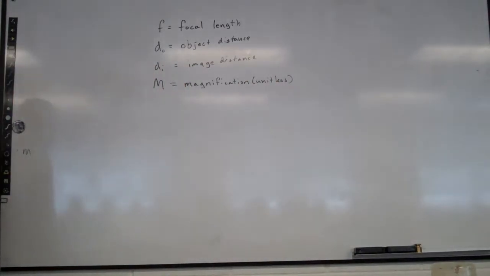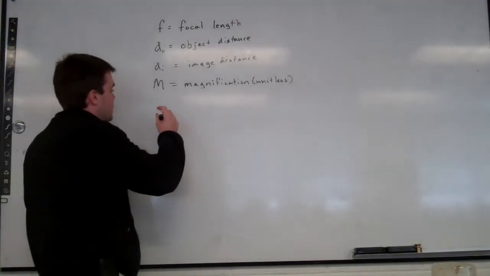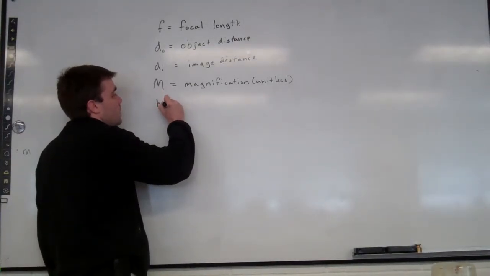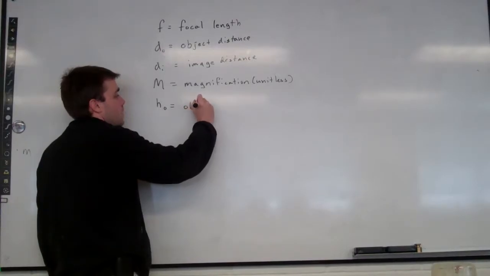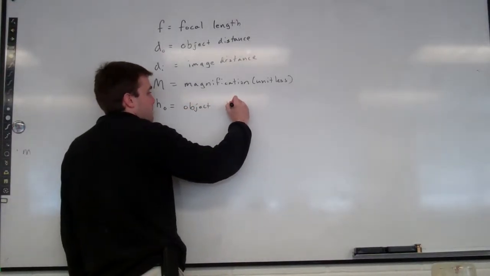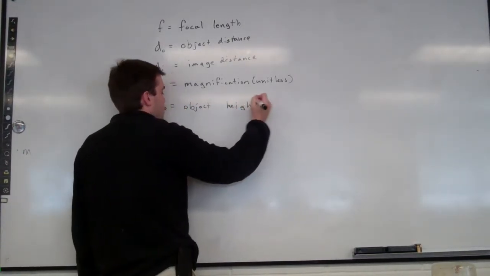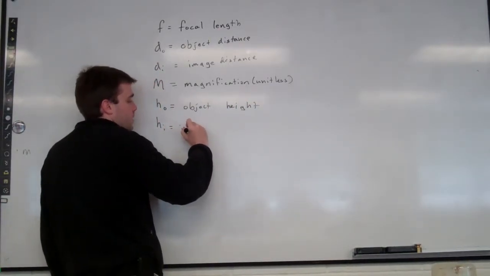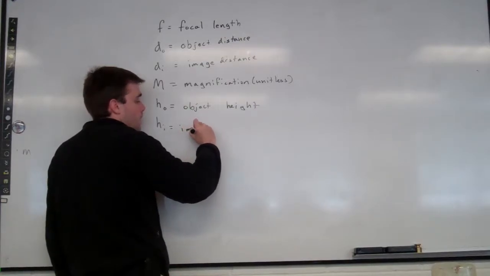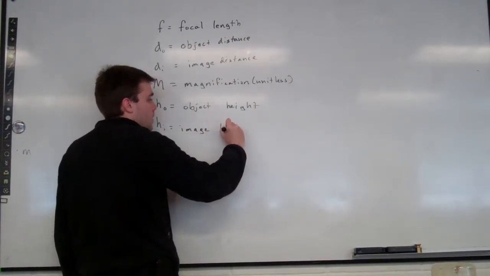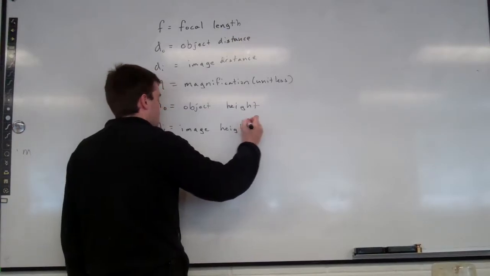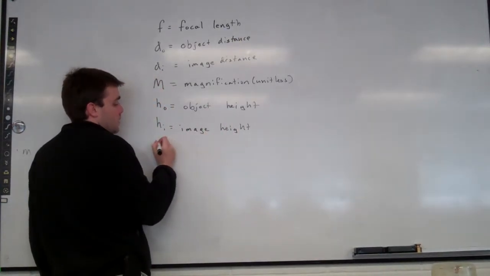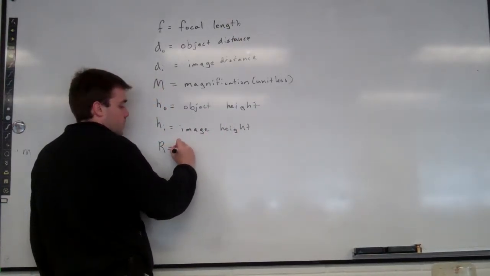Magnification is unitless. That's how many times bigger or smaller something is. ho is the object height. hi is the image height. And last thing, r is the radius of curvature.